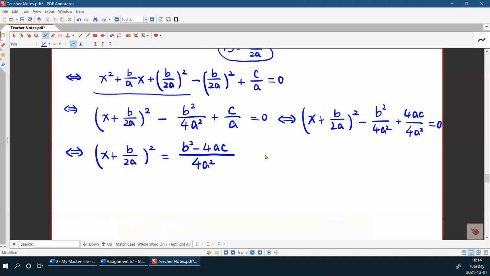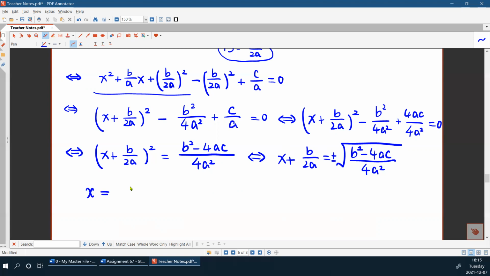And this is equivalent to x plus b over 2a equals the square root of b squared minus 4ac over 4a squared, right? And our final solution, this should be positive or negative.